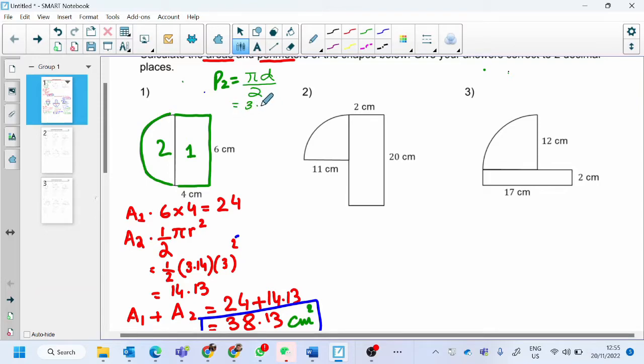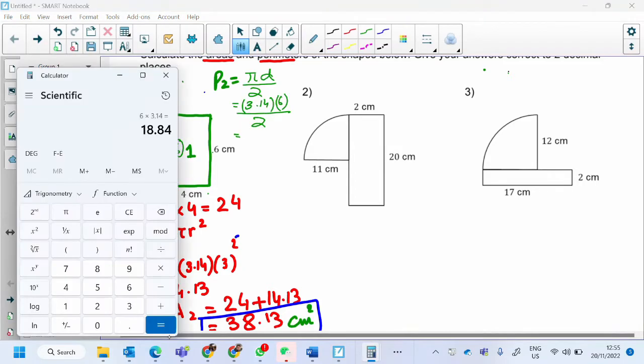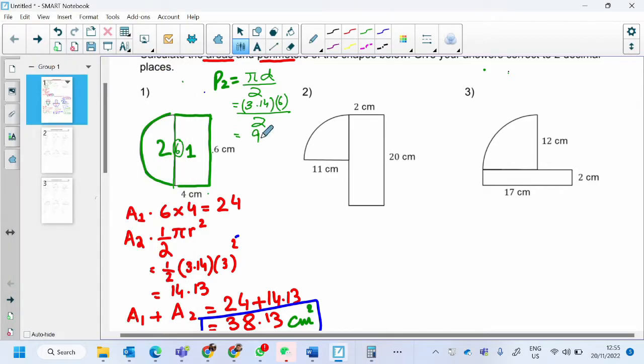The value of pi is 3.14, times the diameter. We already know that this length of the rectangle is the same as this diameter, 6. So the diameter is 6, giving 18.84, and then we divide it by 2, which gives us 9.42. The perimeter of the first shape, if this is 6, 4, and this is also 4, is 16.